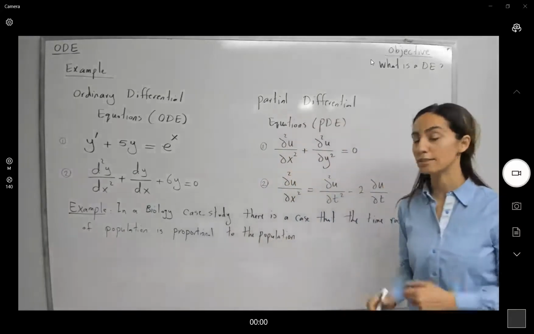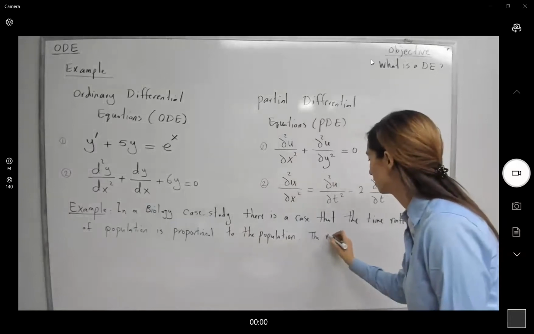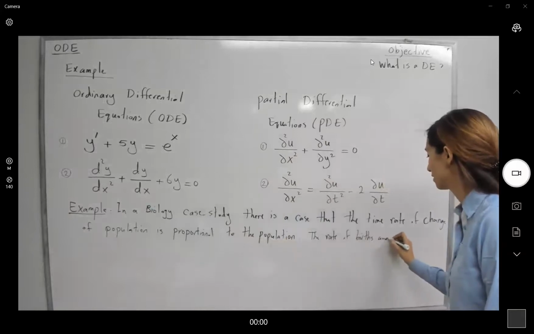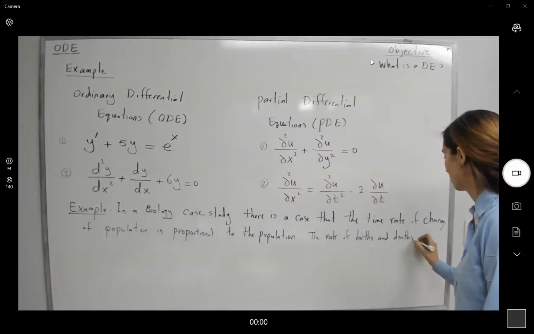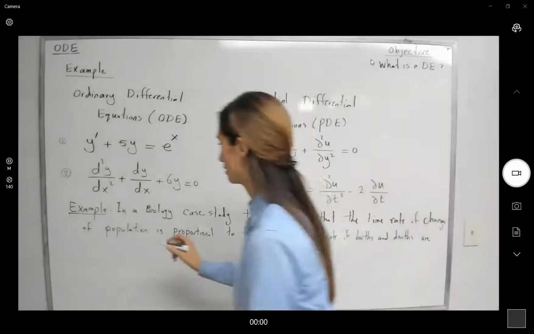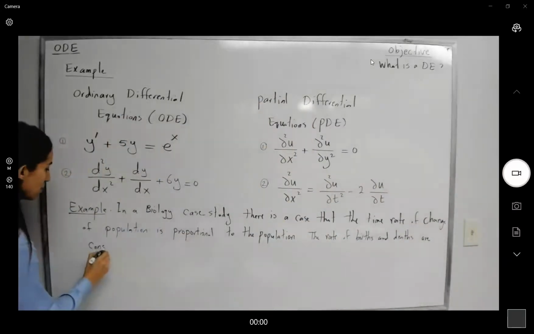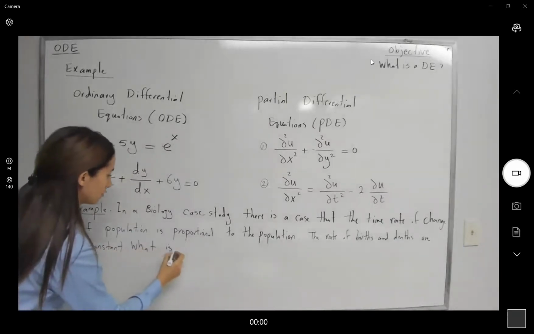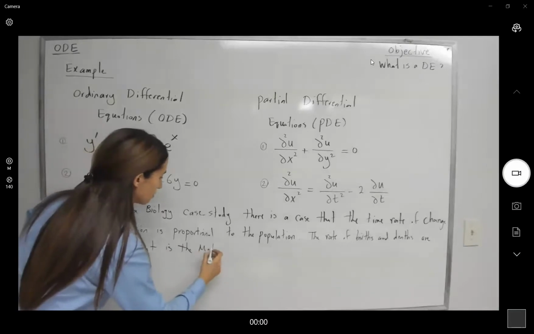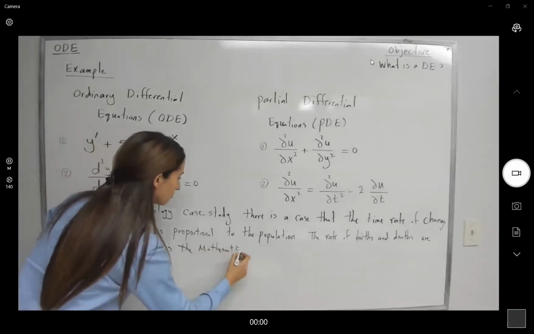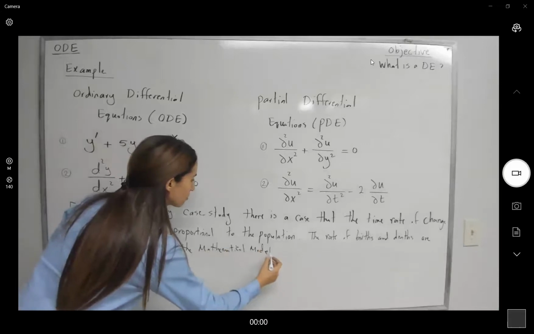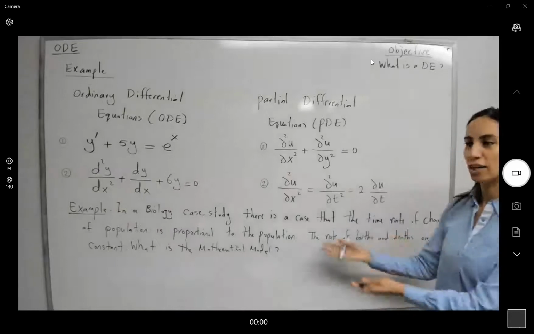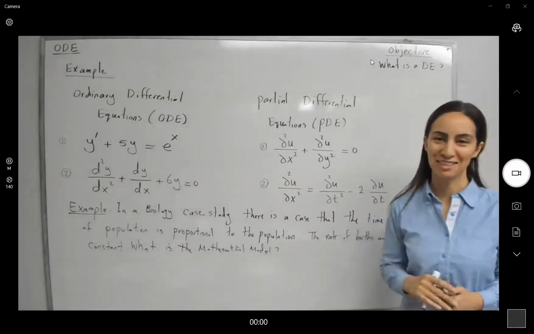And consider the case that the rate of birth and death are constant. What's the mathematical model? It means that how do we formulate this biology case using math?